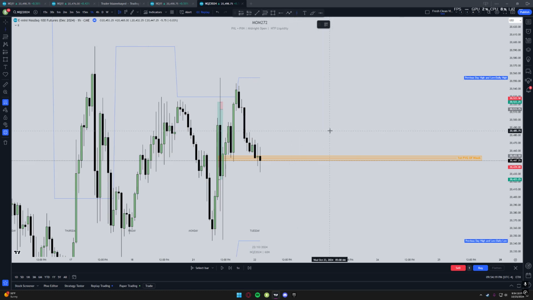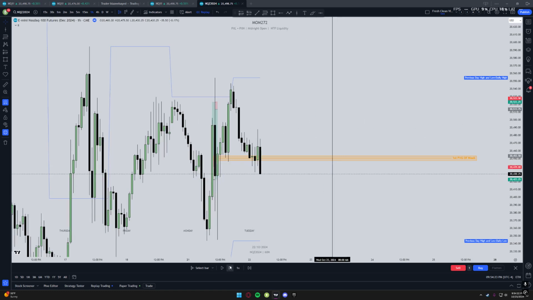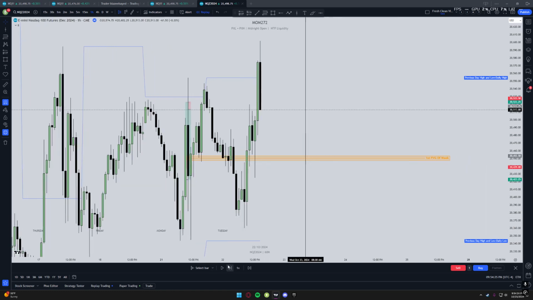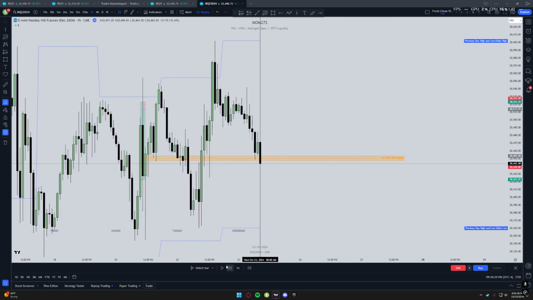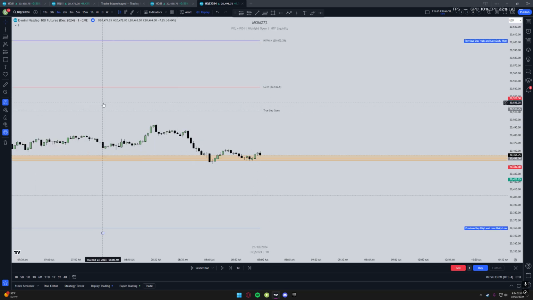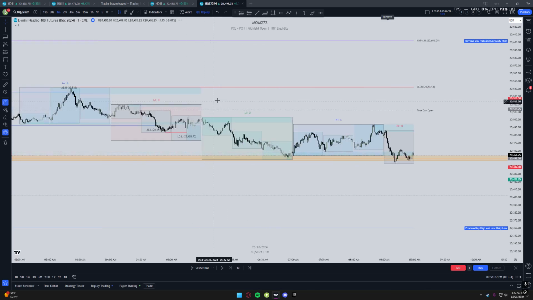So I'm going to draw a line Wednesday, 8 a.m. We'll take a look at Tuesday, though, and just see if we can observe anything before we get into 9 a.m., before we look at Wednesday.